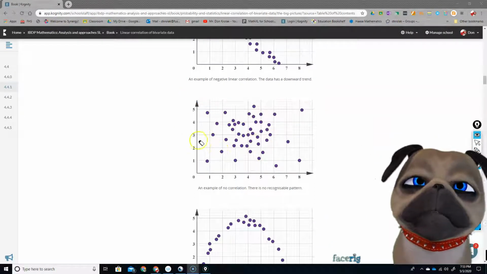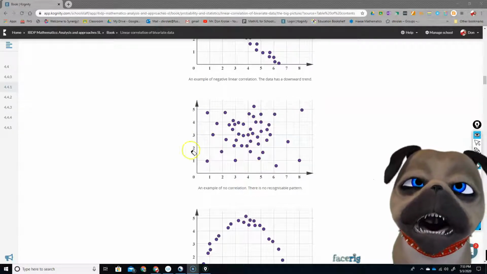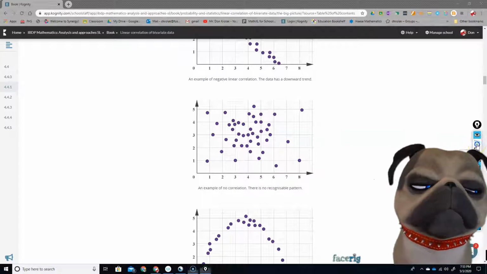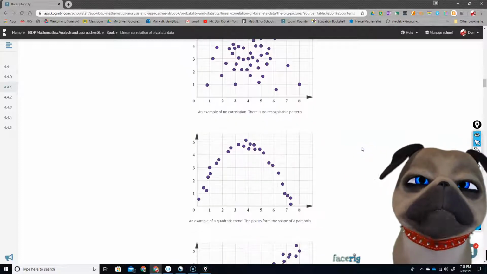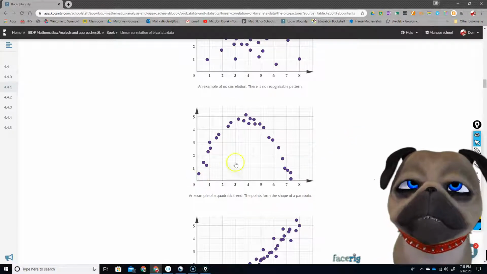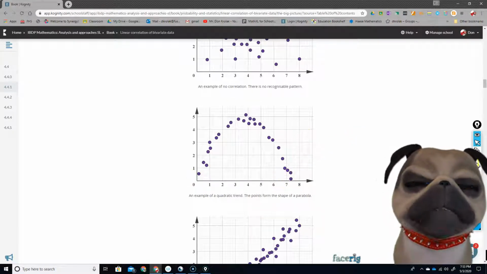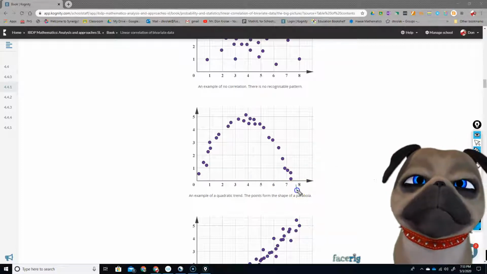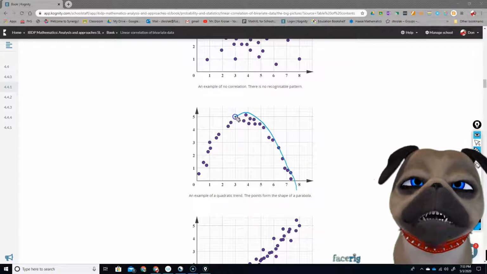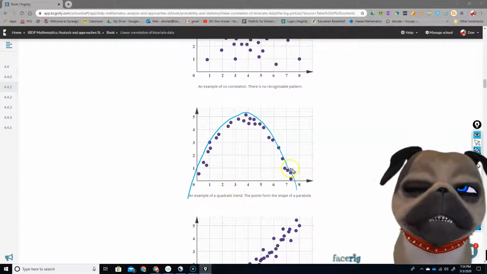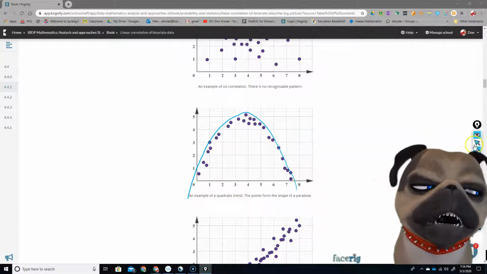There's really no recognizable pattern in this scatter plot. Here's an example of a quadratic trend. We could probably fit this with a parabola. So there could be a quadratic relationship between those two sets of data, between the X and the Y.